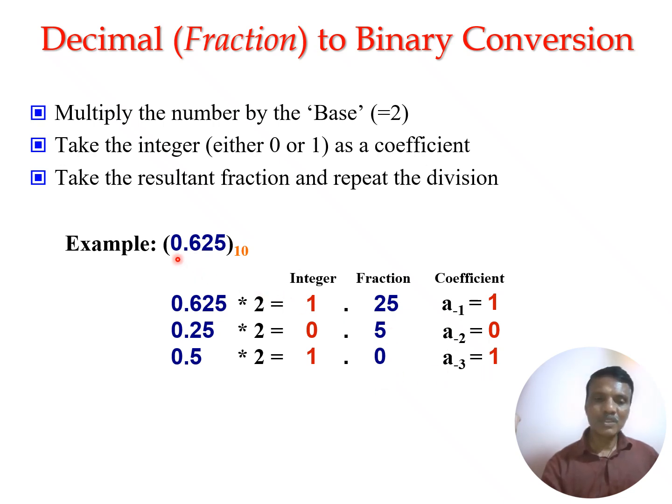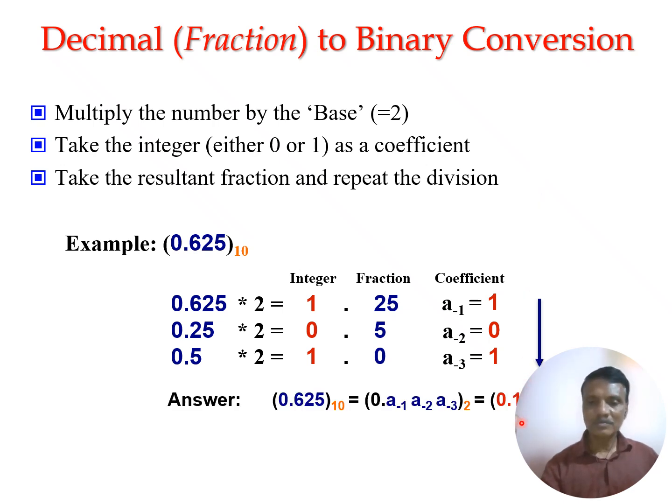So for the fractional decimal value 0.625, its equivalent binary value, we have to start from top to bottom, that is 1, 0, 1.